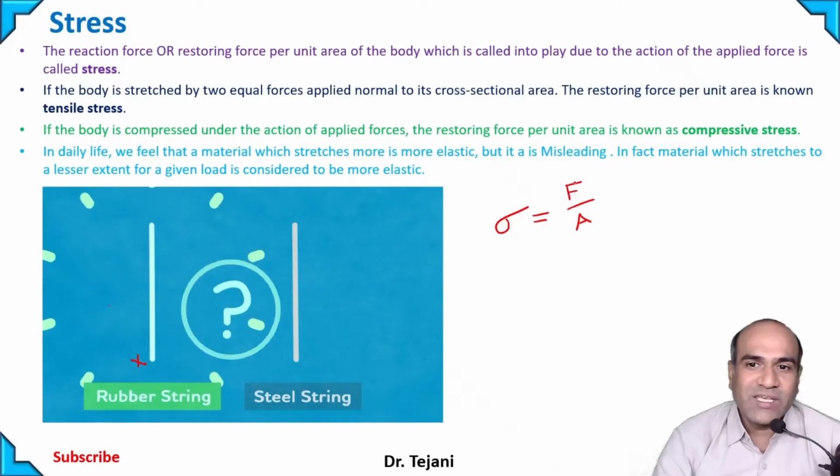Even you see here, it is equal to force per unit area. It is stress. It shows capacity. It shows its stretching capacity, up to what level we can stretch.